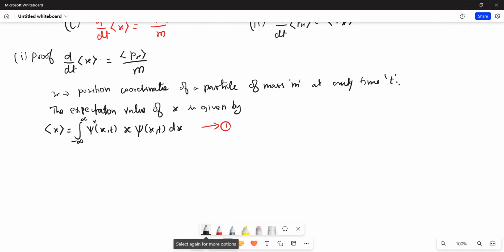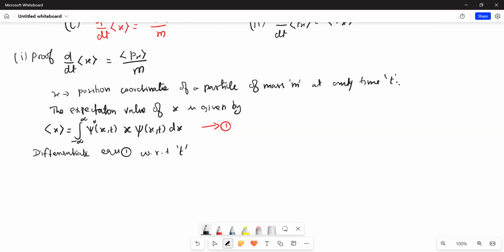Now differentiate equation number 1 with respect to time t, because we need to get d by dt of the expectation value of x.